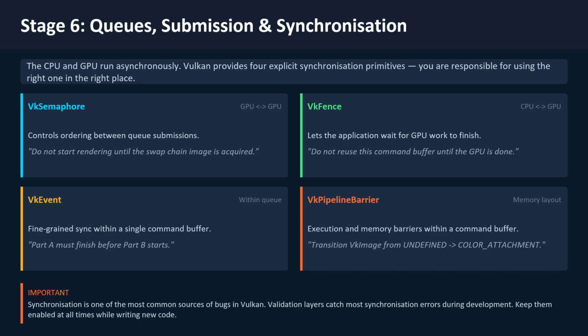Now one thing that you need to understand before I start is that the CPU and GPU do not work together. The CPU works at its own pace, and the GPU works at its own pace.